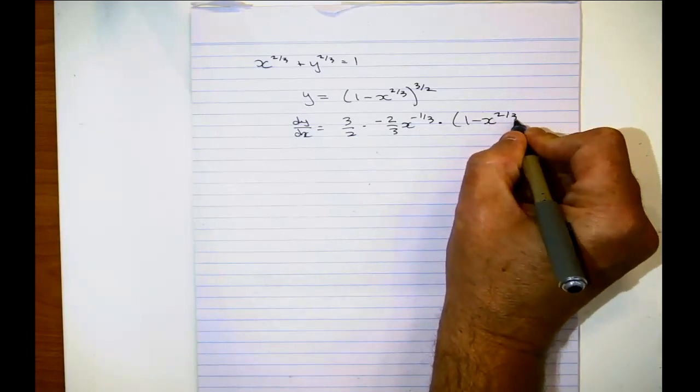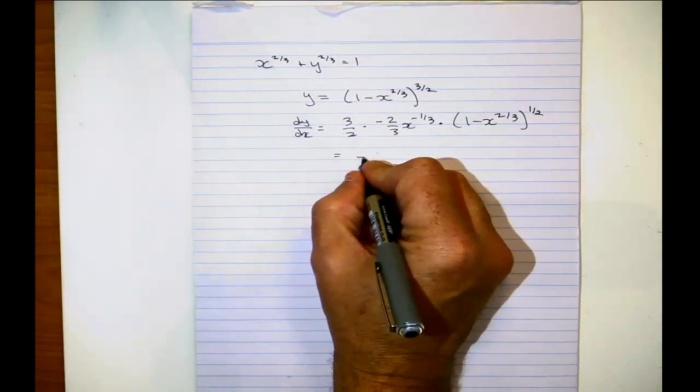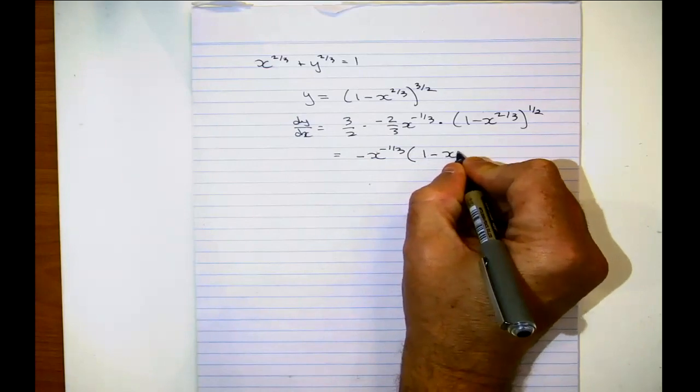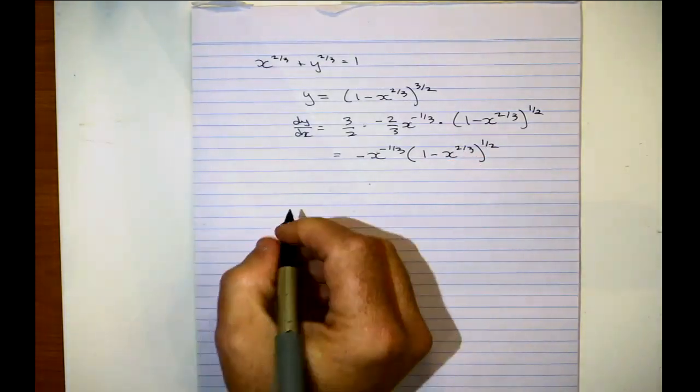Again, if you don't do the chain rule in your head, hopefully I haven't stuffed that up. What's this? So this is minus. Not looking too bad.